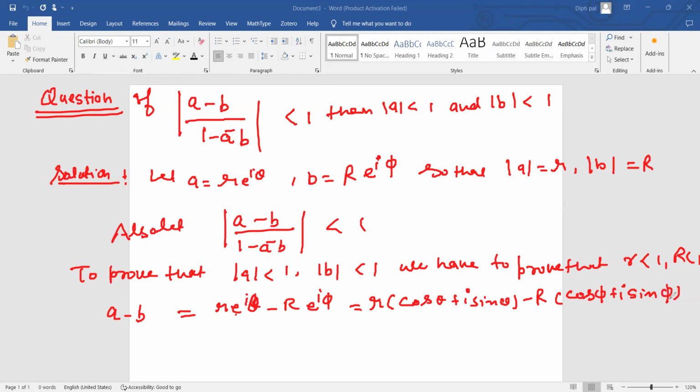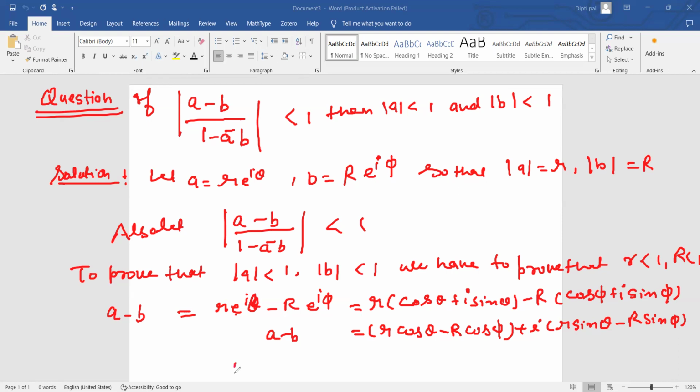Now getting the real and imaginary parts, we can write it like that: r cos theta minus capital R cos phi plus i times r sin theta minus capital R sin phi. Okay, this is the value of a minus b. Now we can find its modulus.